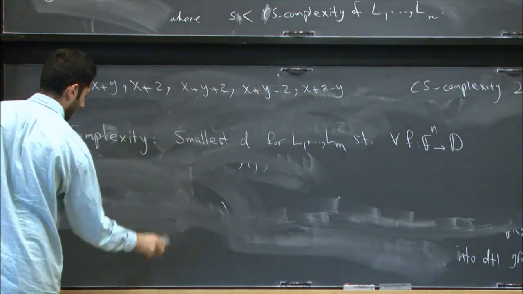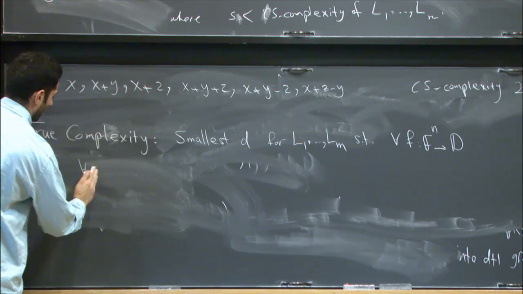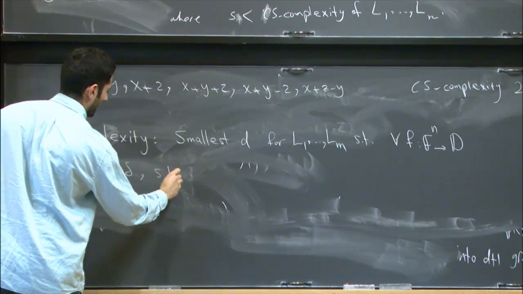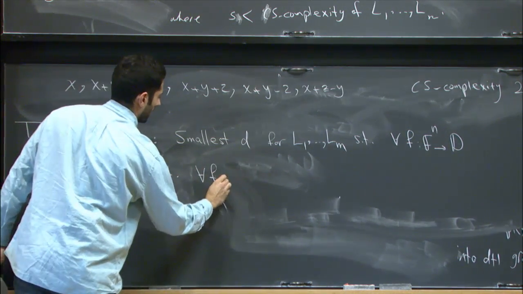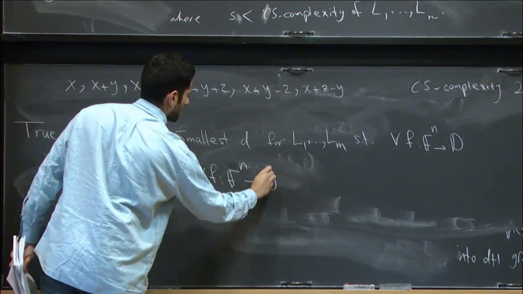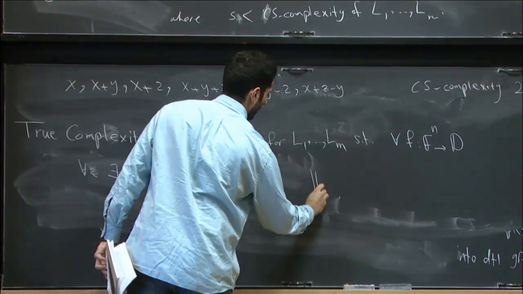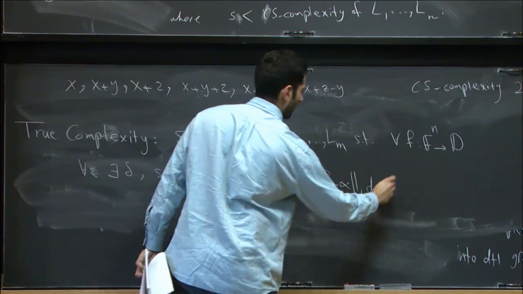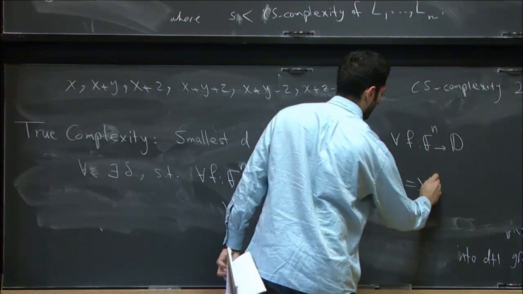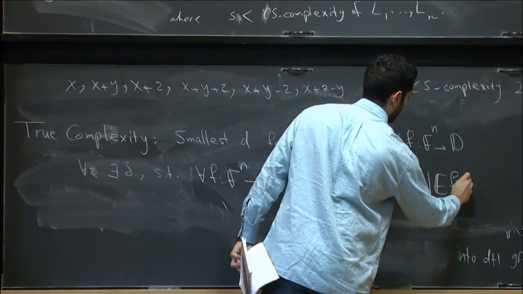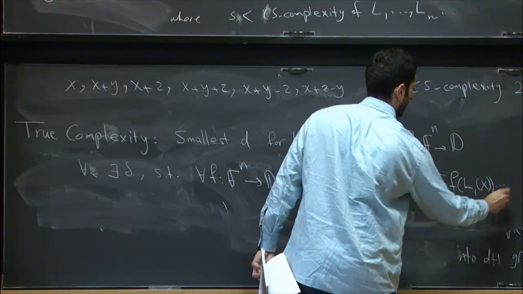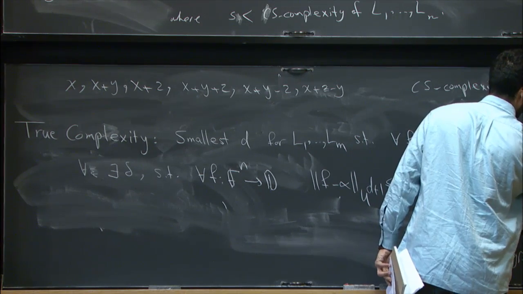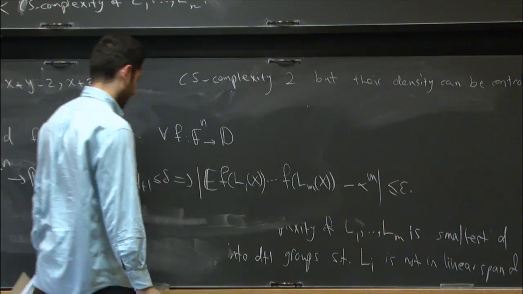the following holds: for every epsilon there exists a delta such that for all f, the U^d norm of f minus alpha being smaller than delta implies that the expected value of f of L1 of x up to f of Lm of x, minus alpha to the m, is less than or equal to epsilon.